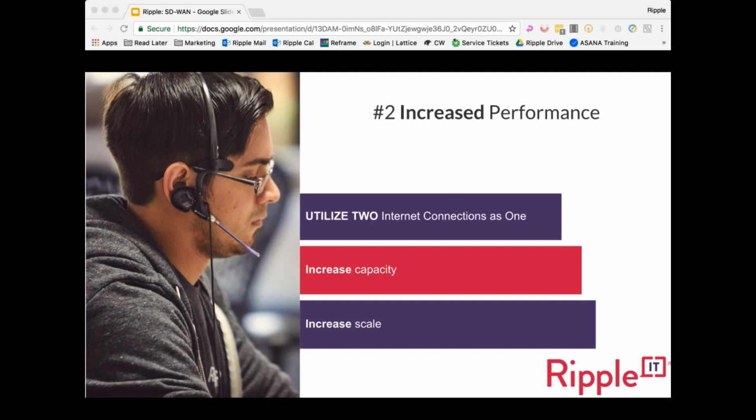Now, as far as the performance part of it, by using both of them actively, it's very common to see 20 meg, 50 meg Ethernet, fiber-based DIA or internet access circuits, right? But then what's the secondary? The secondary tends to be like a 150 by 25 Comcast or some sort of cable type circuit, which is asymmetric.